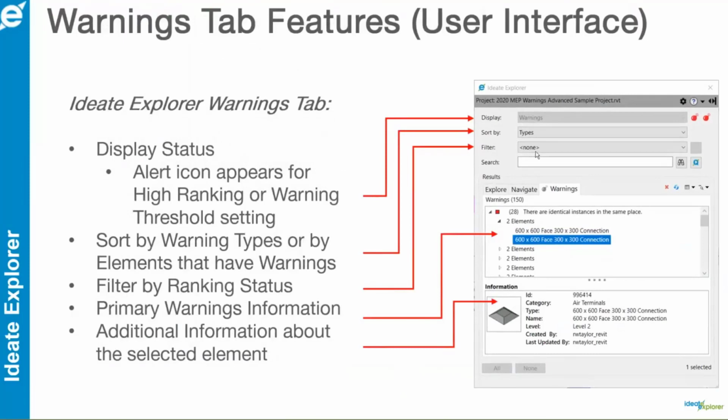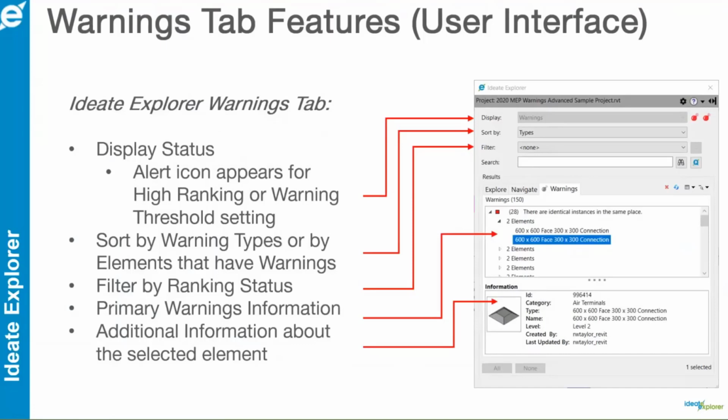So again, what we were just reviewing there, I just wanted to show you that we're using the same paradigm or same dialogue that we used in Ideate Explorer to look at the display, to be able to sort by, whether it's type or element, to be able to filter by the type, whether it's a high, medium, low, or hidden. And then you can also search for an element or a series of elements in the search dialog there.